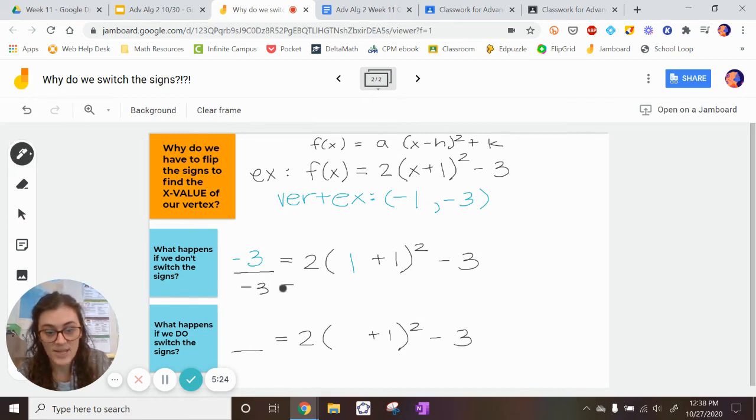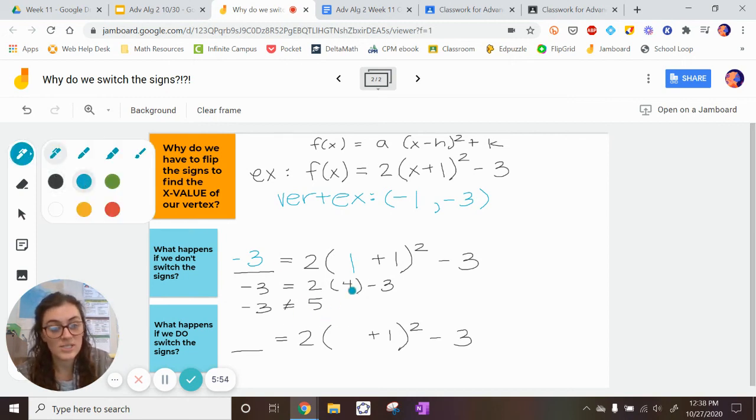We'll get negative 3 equals 2 times 1 plus 1 is 2. 2 squared is 4 minus 3. Now we have negative 3. 2 times 4 is 8. 8 minus 3 is 5. So again, we didn't switch the signs and we run into this error where we're saying negative 3 equals 5. That makes no sense. So let's check what happens when we do switch the signs.